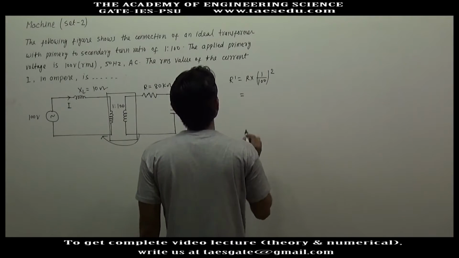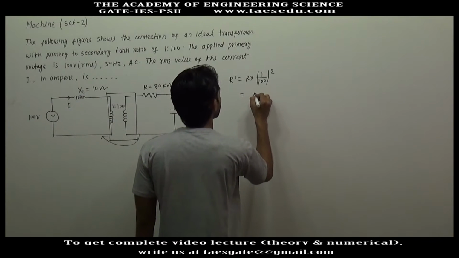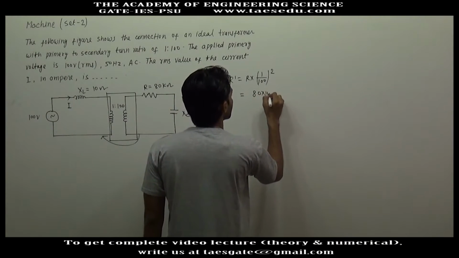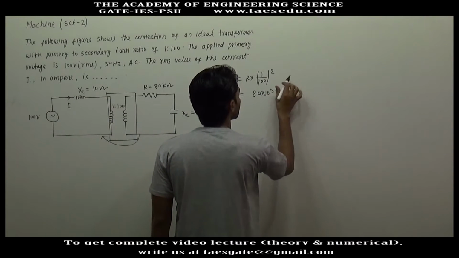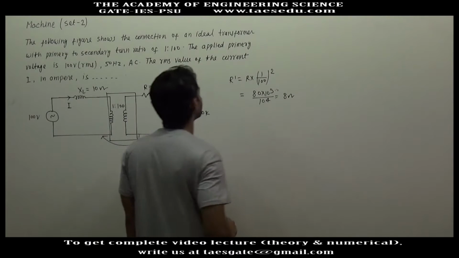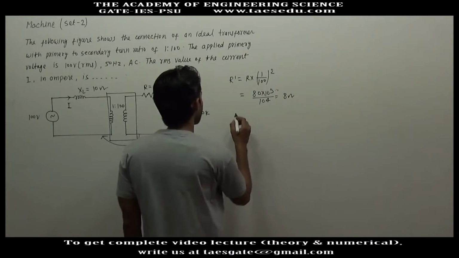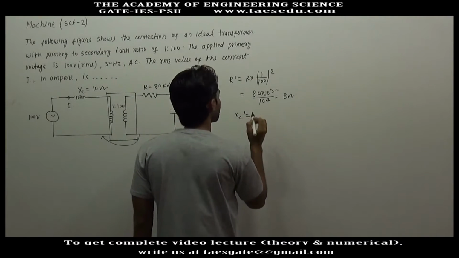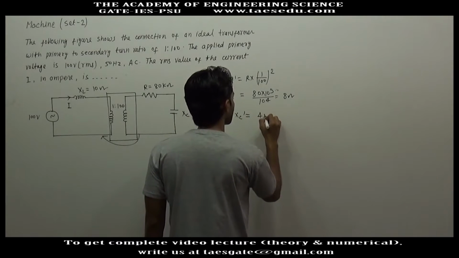So R dash will be 80 into 10 to power 3 divided by 10 to power 4. This will be 8 ohm.